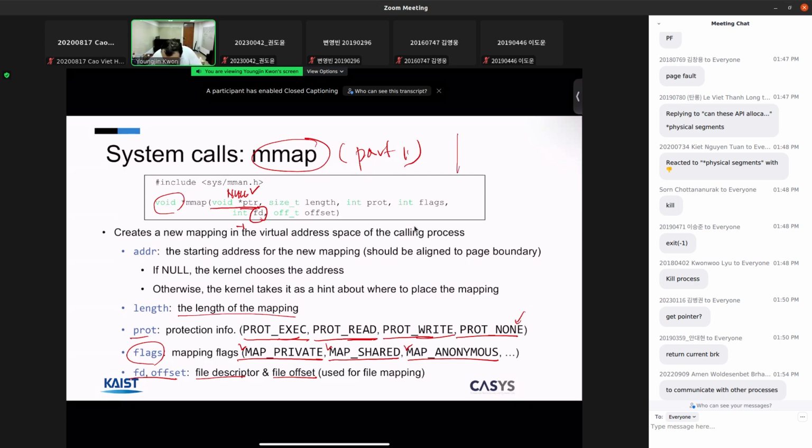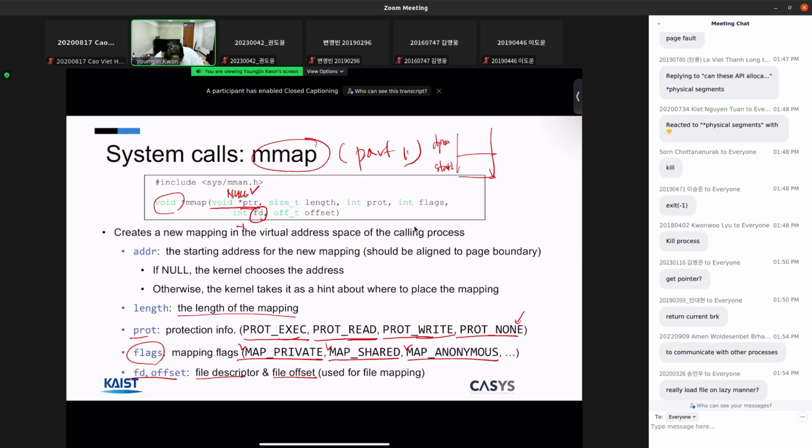Do you remember that in the virtual address space, there is a static area and a dynamic area: the static area has code and data, and the dynamic area has heap and stack.